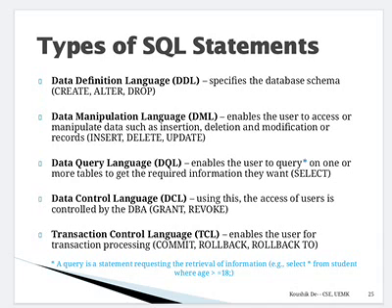Data definition language, DDL, specifies the database schema, that means the create, alter and drop commands are used in DDL. And data manipulation language, DML, enables the user to access or manipulate data such as insertion, deletion and modification of records: insert, delete, update.